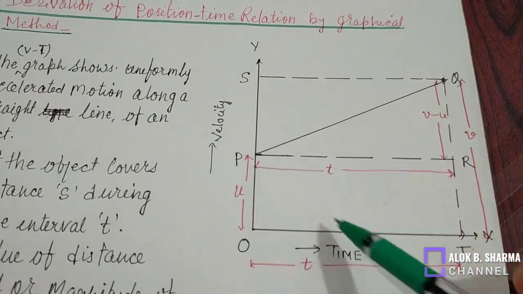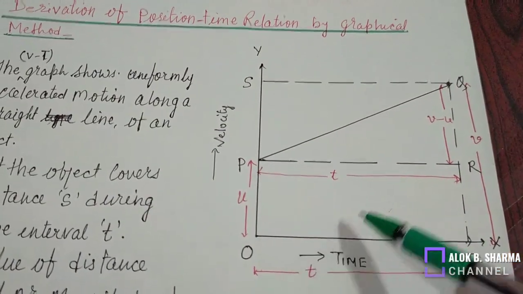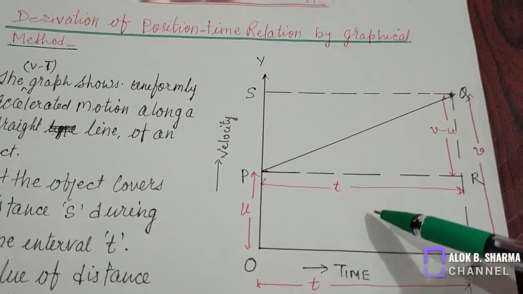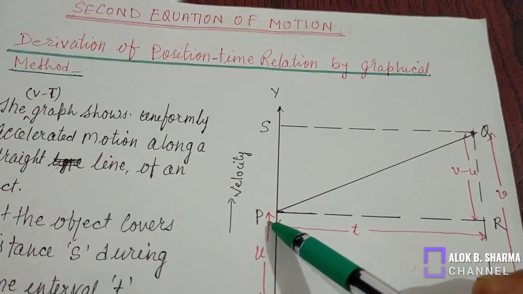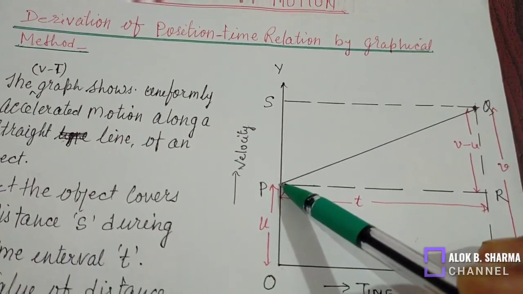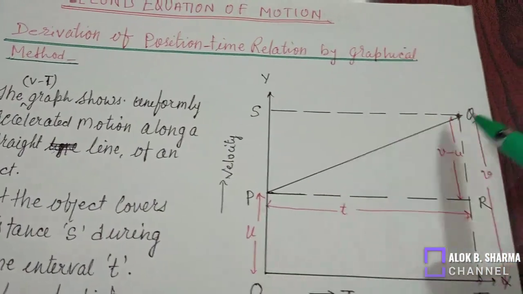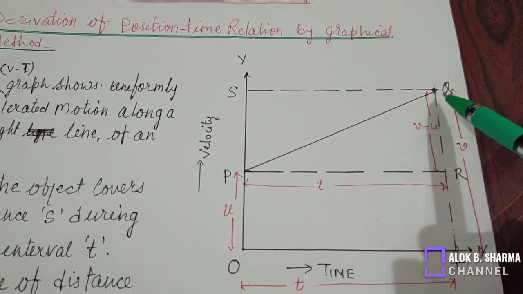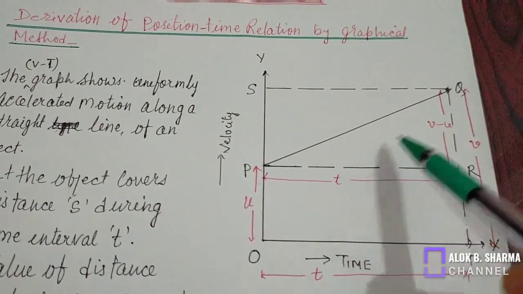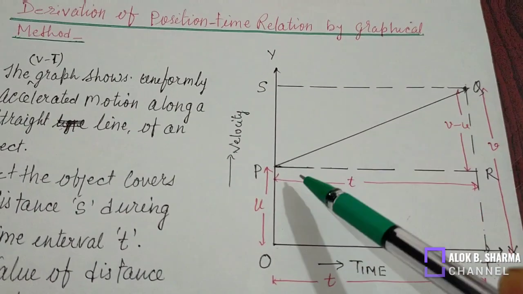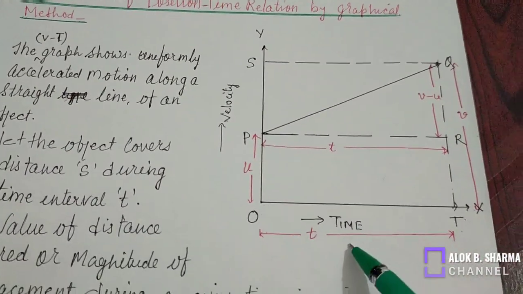When we draw the graph, it will show that P is the initial velocity, that is U, Q is the final velocity, that is V, and the time taken to change its velocity from U to V equals T.